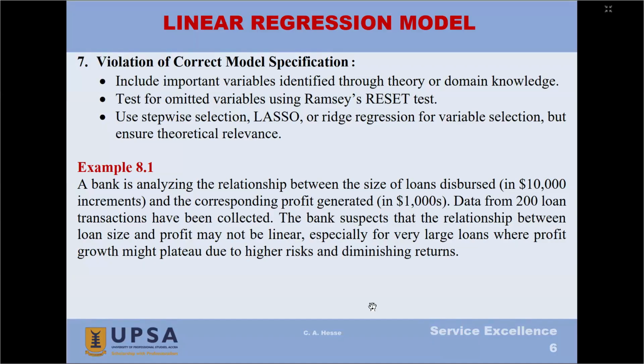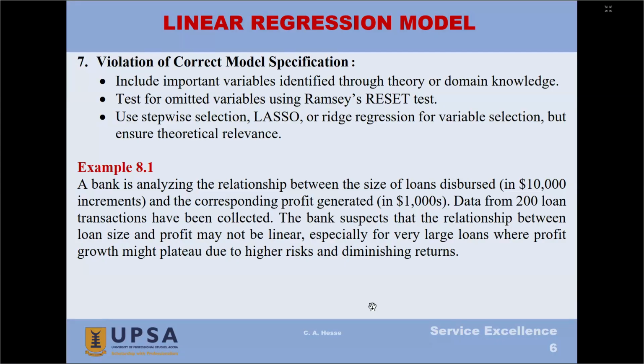The bank suspects that the relationship between loan size and profits may not be linear, especially for large loans where profit growth might plateau due to higher risk and diminishing returns. Good. So the bank suspects that the relation between the dependent and independent variable may not be linear, and that is common with financial data.